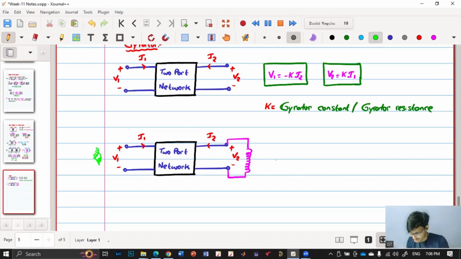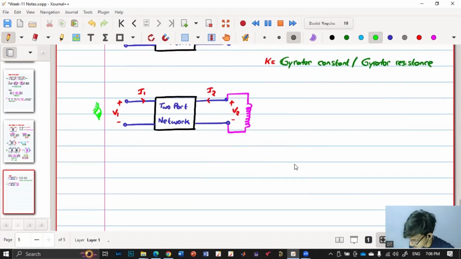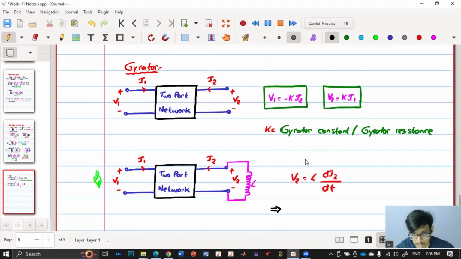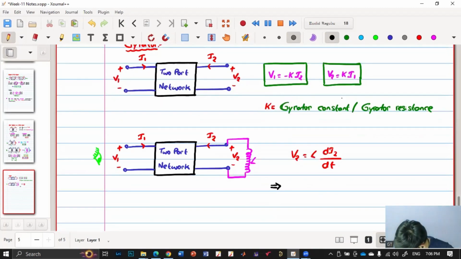If there is an inductor of inductance L, we know V is equal to L di/dt. So V2 is equal to L into di2/dt. Now we substitute V2 as well as I2. V2 is K into I1, so K into I1 is equal to L into di2/dt, where I2 is minus 1 by K into V1.